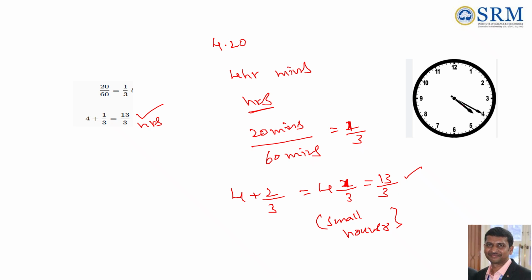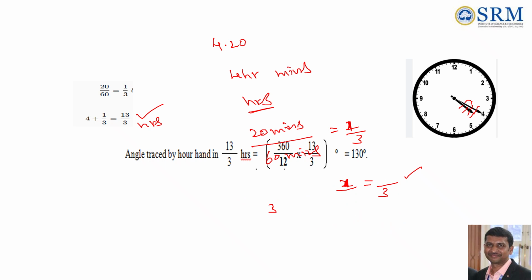The smaller one we convert first, then the bigger one second. As already told, the angle traced is 360 by 12 into 14 by 3.